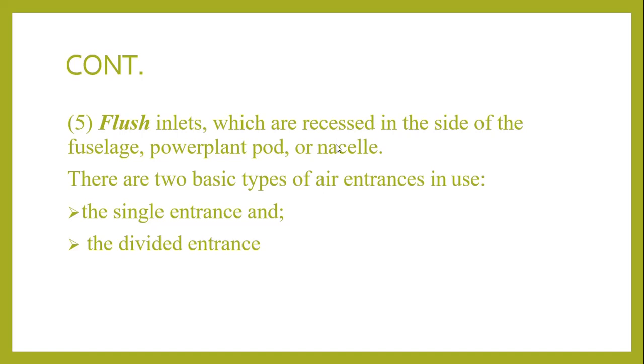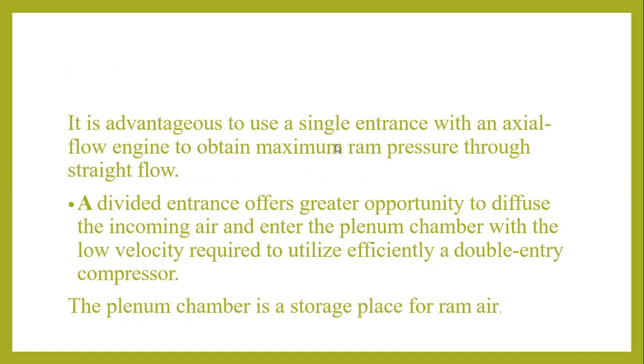Can you tell us about them? The single entrance and the divided entrance are the types of air entrances in use. We shall look at how good each one of them is. The single entrance is mainly used with an axial flow engine because of its smaller diameter, and it is to obtain maximum ram pressure through straight flow.